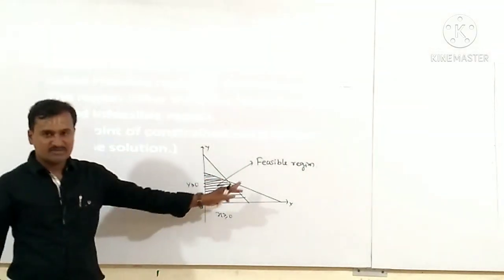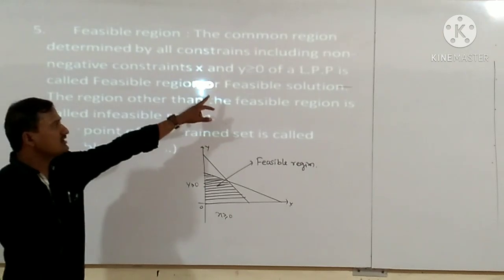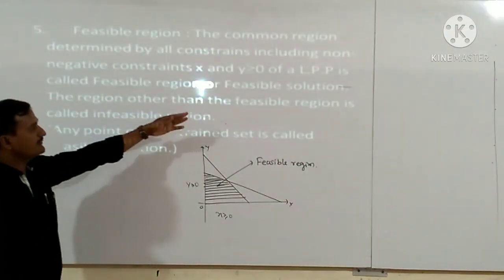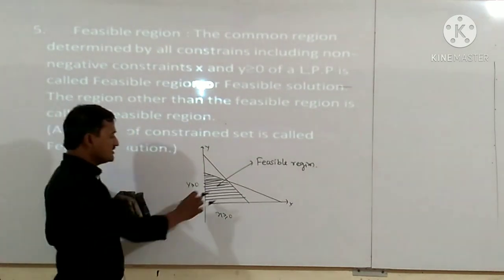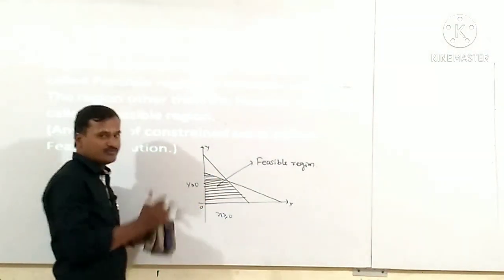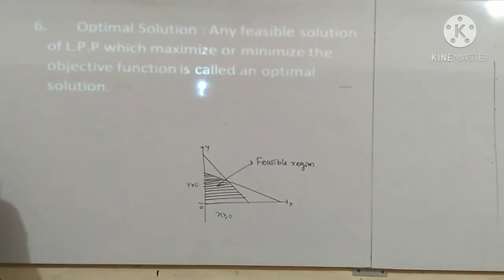Once again I will explain this while solving the problem, right. It is called a feasible region or feasible solution, both are the same. The region other than the feasible region is called the infeasible region. This is the common region and this is not a common region, hence it is called the infeasible region, okay, right.